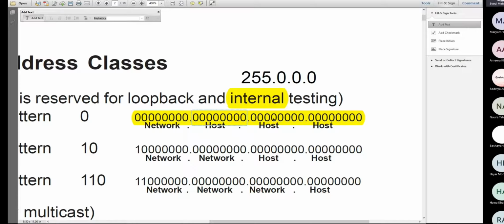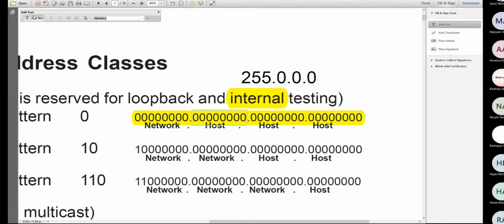So how many hosts can be accommodated in this class A? How many bits do we have for the host?